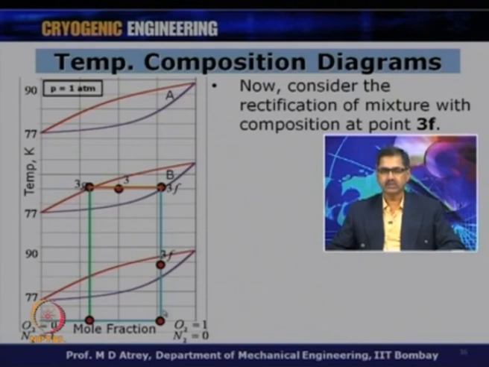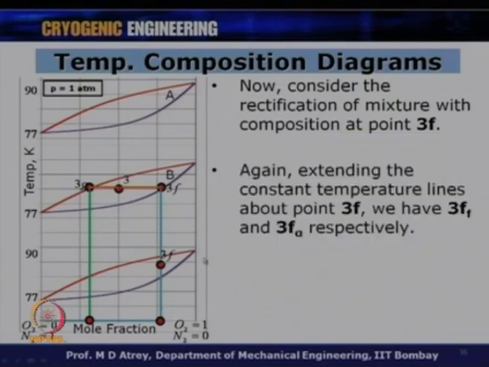This point will further have 3FF as the liquid composition, and the corresponding vapor composition will be 3FG. But I am interested only in the liquid composition. What you can see now is that when the molar composition of the mixture is 3F and it enters this curve, the percentage of high boiling component in the liquid has increased, and this is what I am doing repetitively now.